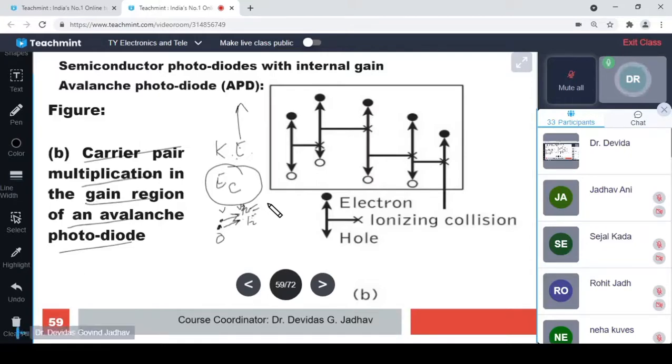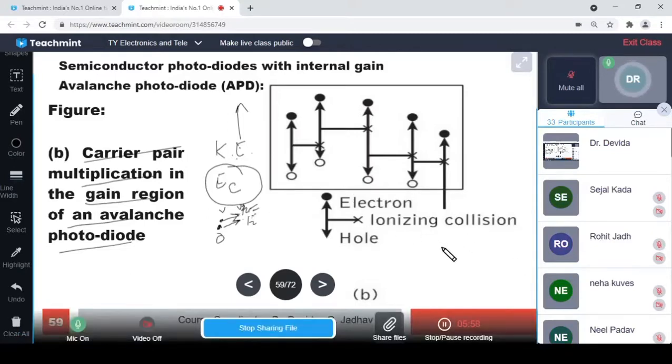And colliding the electron on the atomic structure and detaching one electron from it will convert that atom into an ion. If the atom has its octet completed and external electrons come and collide here, and an electron gets detached, the atom has one less electron, so the atom becomes positive.